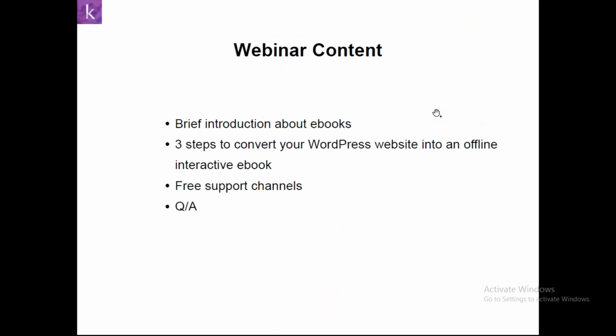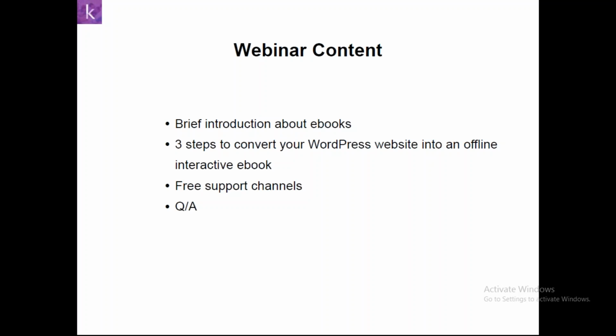Okay, first, before we go into the topic, let me show you the outline of our webinar. We will start with a brief introduction about ebooks, and then I will give you the 3 steps to convert your WordPress website into an offline interactive ebook. Then I will show you our free support channels that you can use to get support as fast as you want.